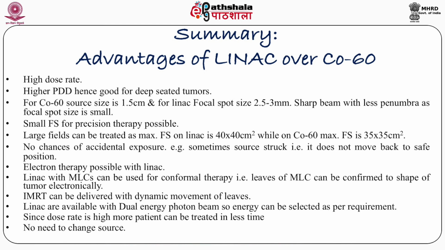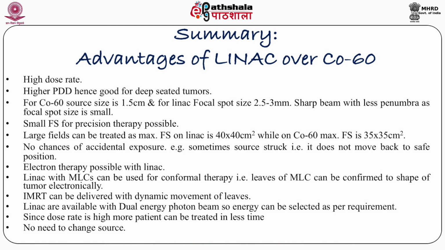Large fields can be treated, as the maximum field size on LINAC is 40 by 40 centimeters, while in Cobalt 60 the maximum field size is 35 by 35 centimeters. This is a very big advantage. No chances of accidental exposure. For example, sometimes the source is stuck in Cobalt 60.